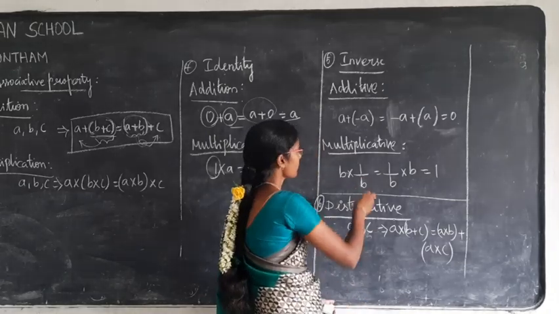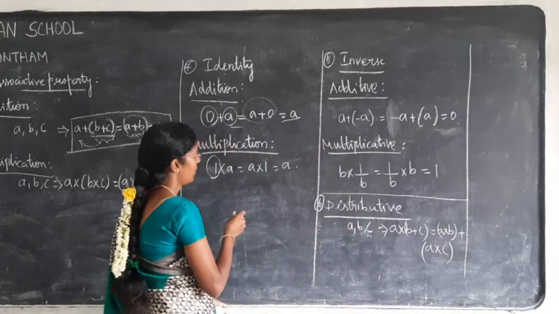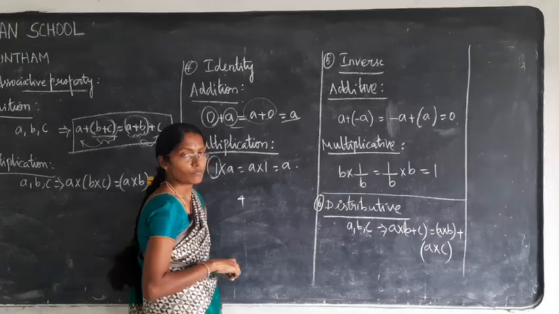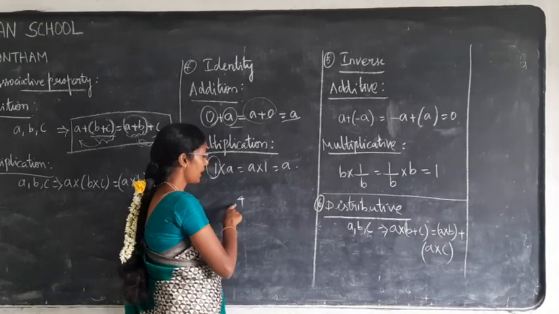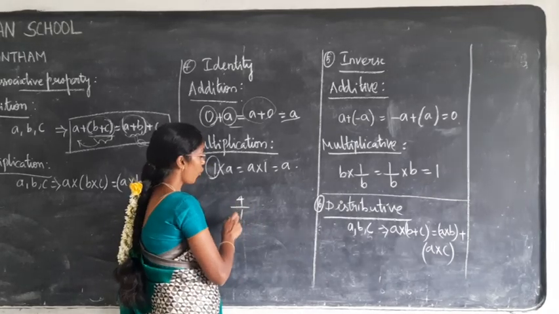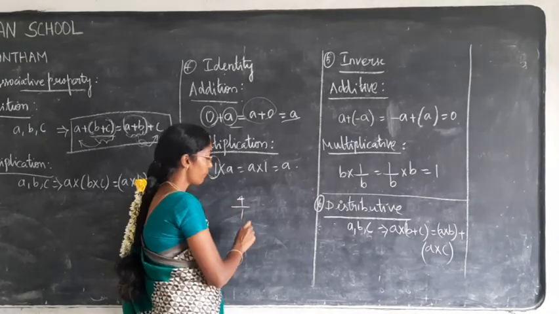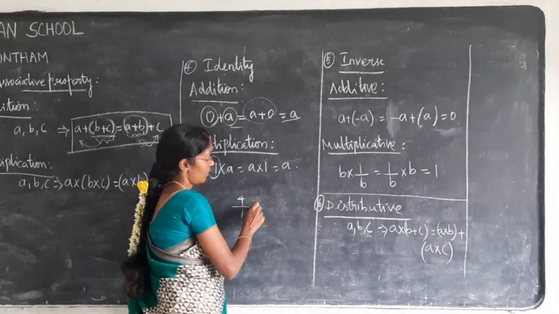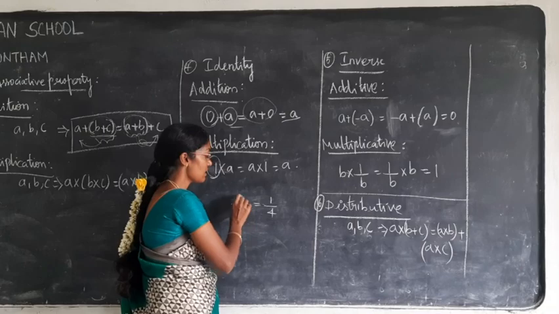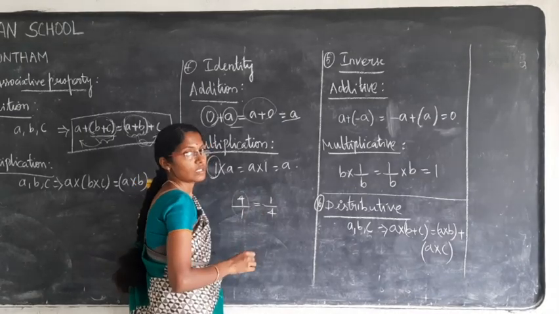Okay, so here, multiplicative inverse. Multiplicative inverse means, see here, 4. For multiplication, you will get division, that is reciprocal. So 4 by 1. If you take the reciprocal, what becomes? 1 by 4. Okay, this is the multiplicative inverse.